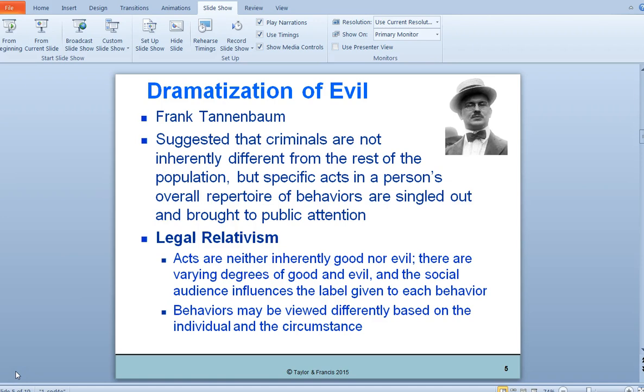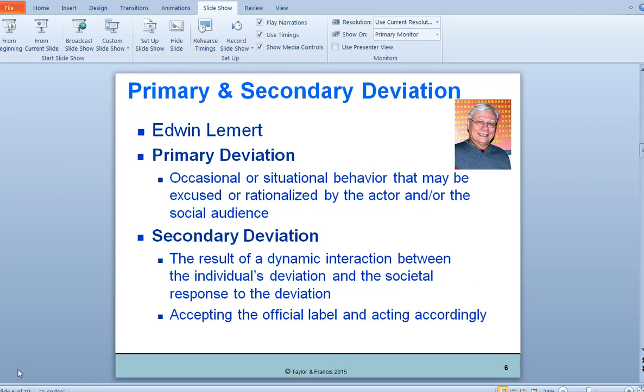And the social audience, those people that are reacting, influence the label placed upon the specific behavior and therefore the individual. Edwin Lemert published Social Pathology and termed the two primary deviation and secondary deviation. Primary refers to occasional or situational behavior that can be excused or explained away by the actor and or the social audience, those that are watching.